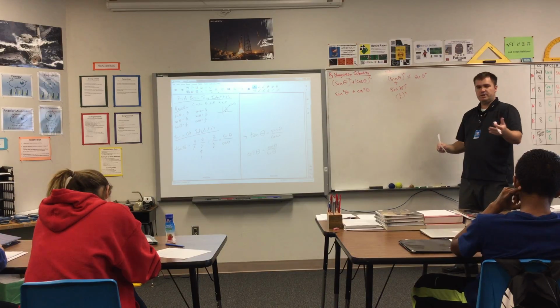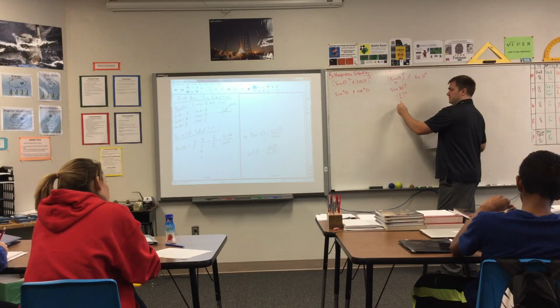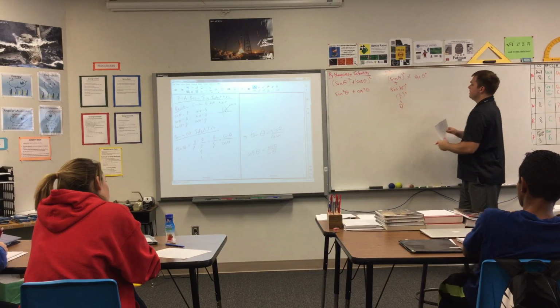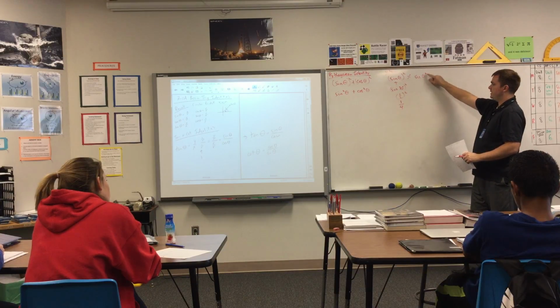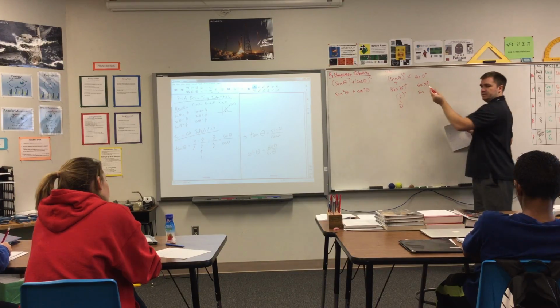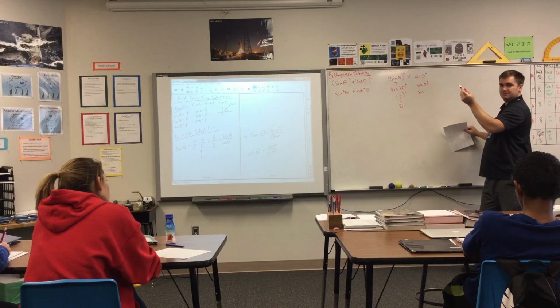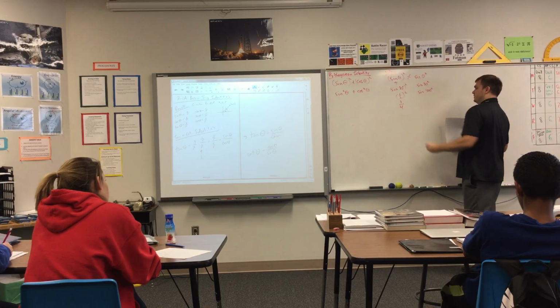So 1/2 squared is, anybody? 1/4. What this over here means is the sine of theta squared, which would be the sine of 30 squared. Or in other words, the sine of, what's 30 times 30? 900. So the sine of 900 degrees.